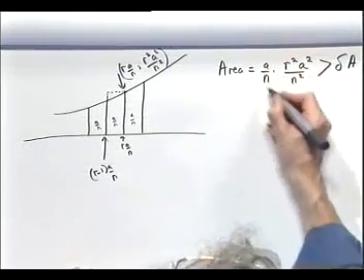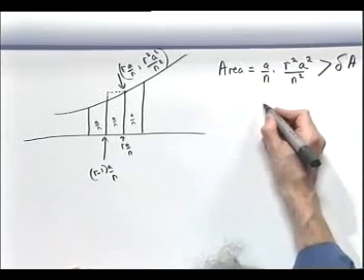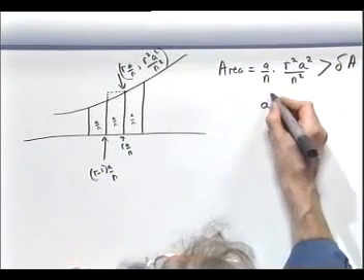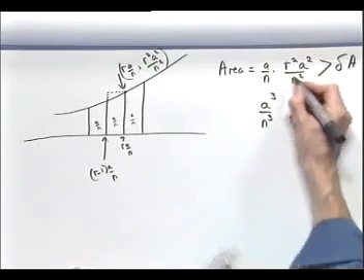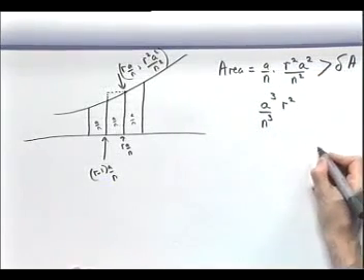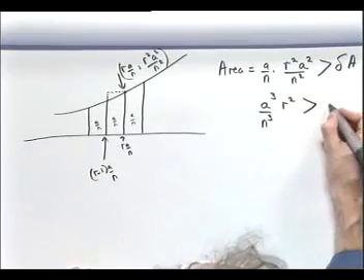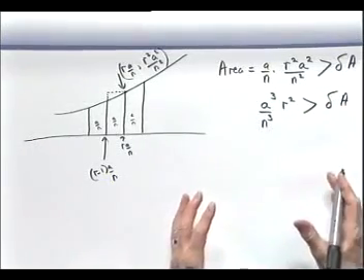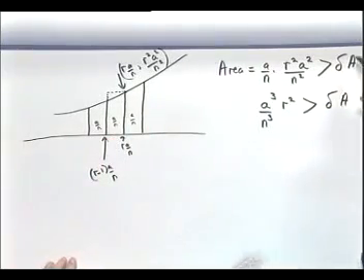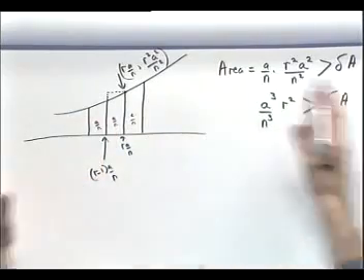Let's just tidy this up a little bit. We've got an A cubed, and we've got an n cubed, and we've got this thing r squared, and that is bigger than delta A. And what we want is the whole area. So we want all of these delta A's, and we want to add them all up.